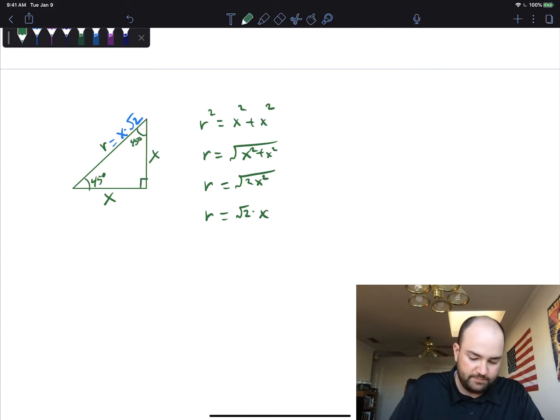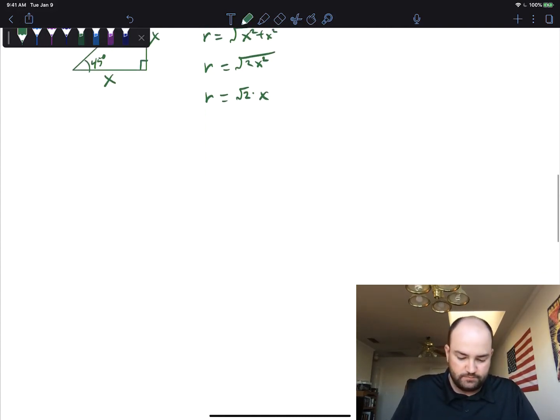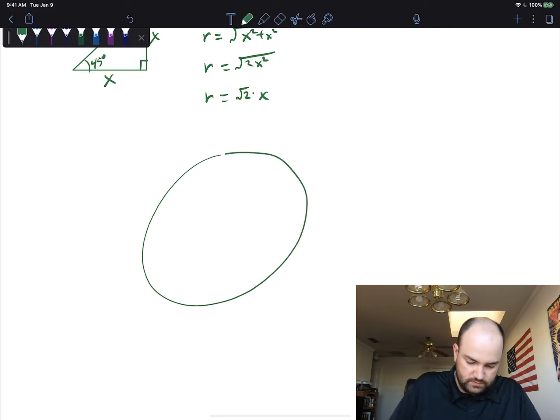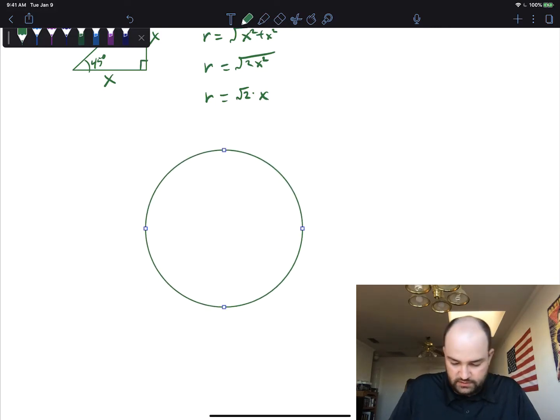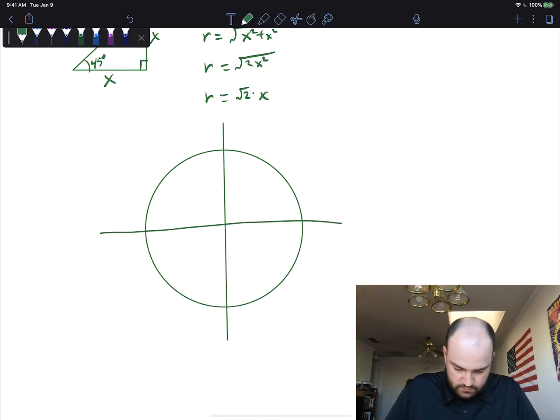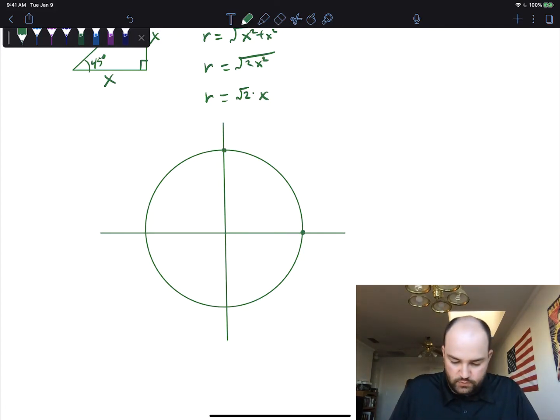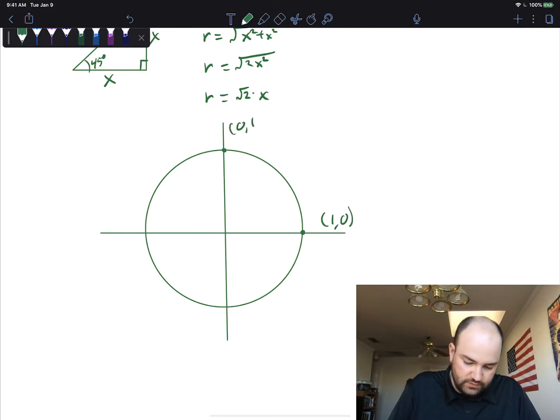Okay, with that in mind, let's look at the unit circle. All right, so there and there we know are 1, 0 and 0, 1.